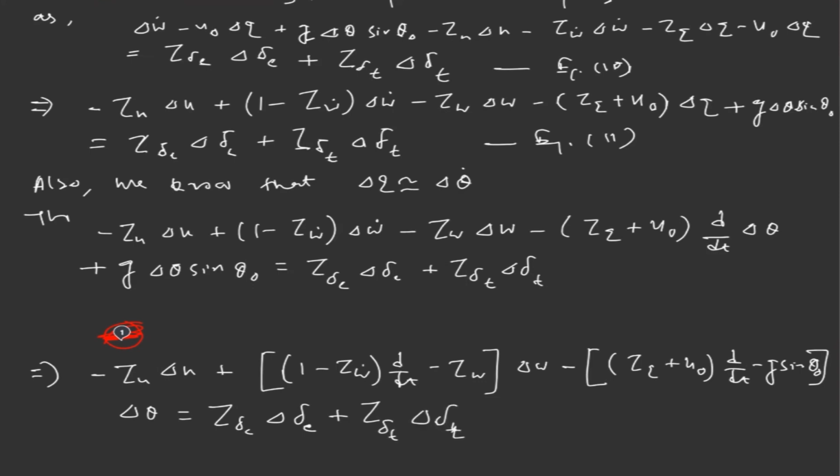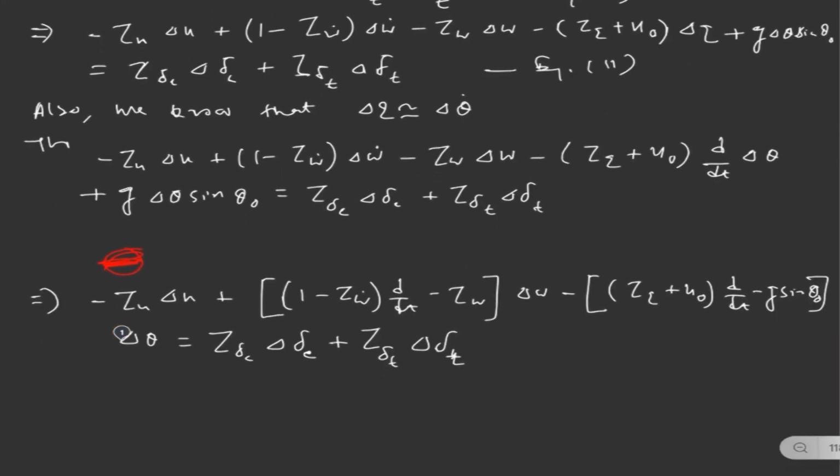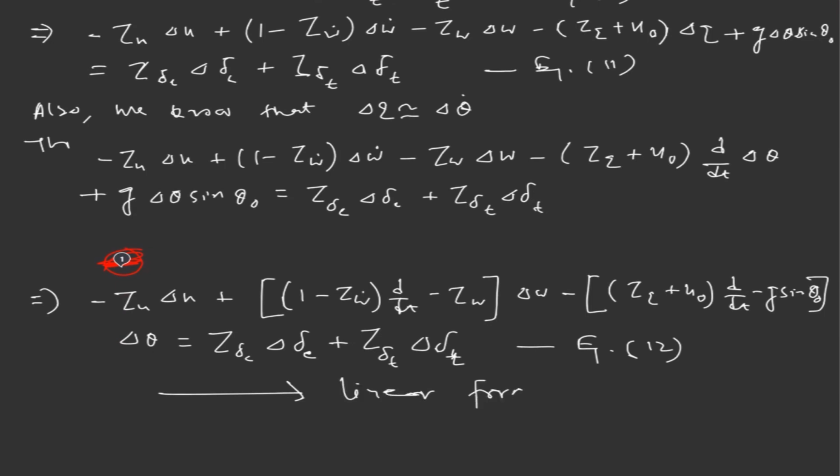So this is also the expression for the force equation along the z direction in longitudinal dynamics, which yields to linear form. Let me define this as equation number 12, linear form.